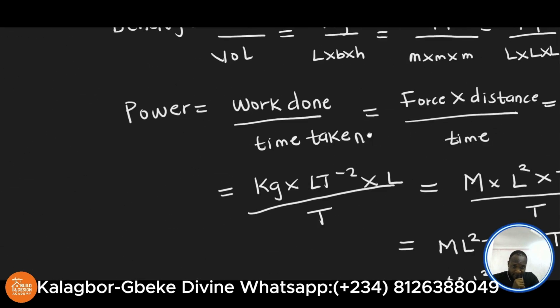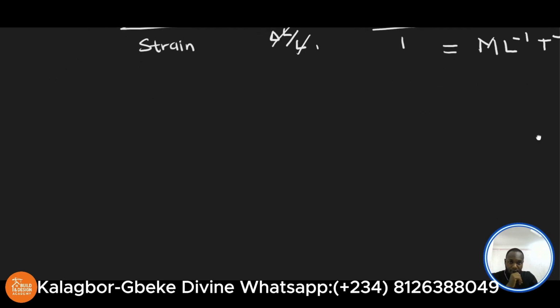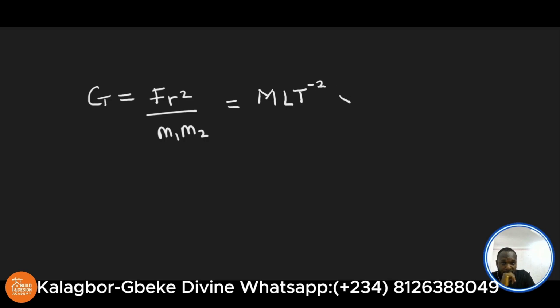So for the gravitational constant, if you can remember, G is equal to F r square all over M1 times M2, where F is the force, which is M L T raised to the power minus 2, times r square, where r is the radius and radius is in length, so L square, all over the mass of two bodies, and mass is in kilogram, which is M square.